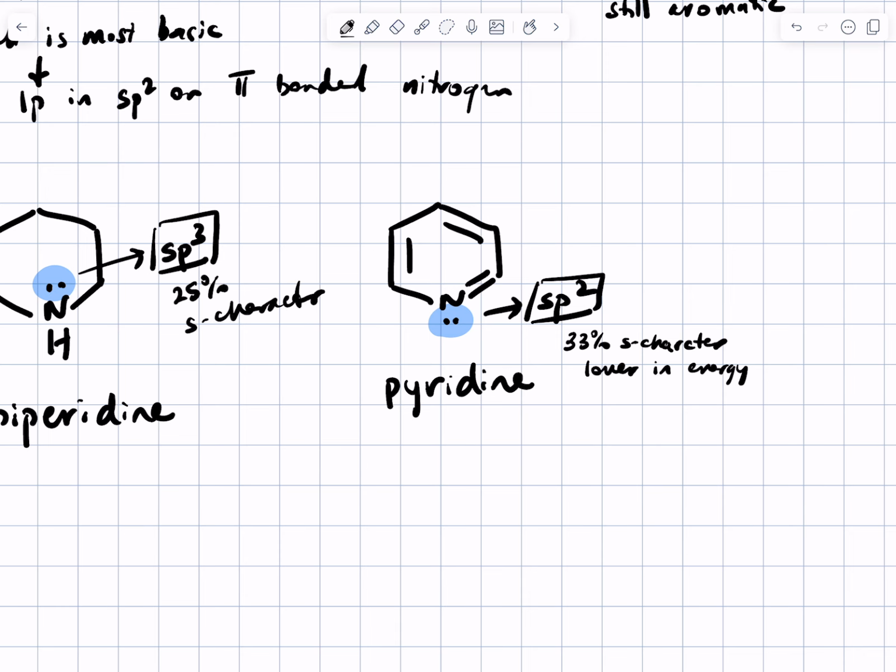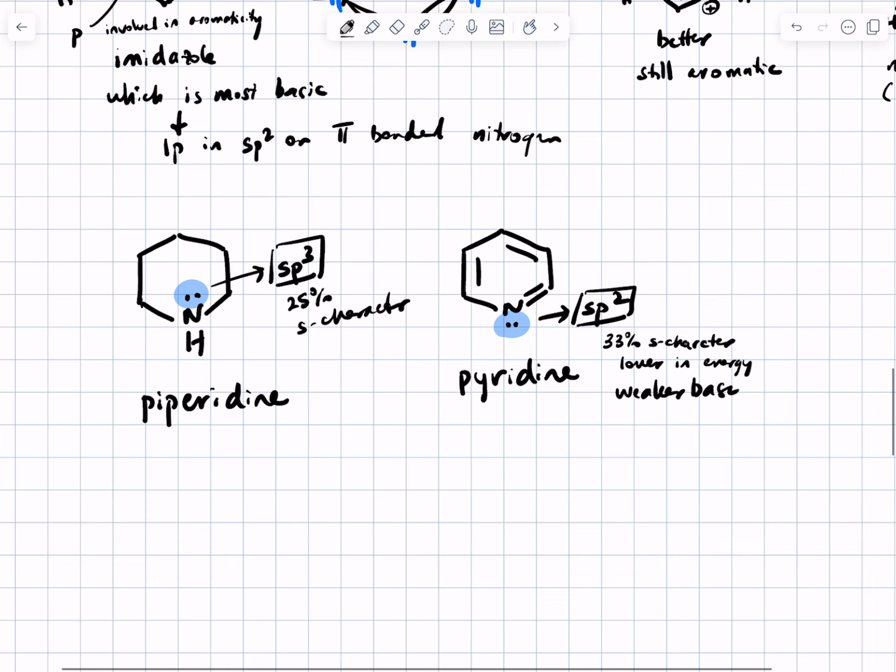So you would expect pyridine to be a weaker base. The lone pair should be lower in energy than in piperidine. And indeed, piperidine is more basic. Okay, questions you want to ask?